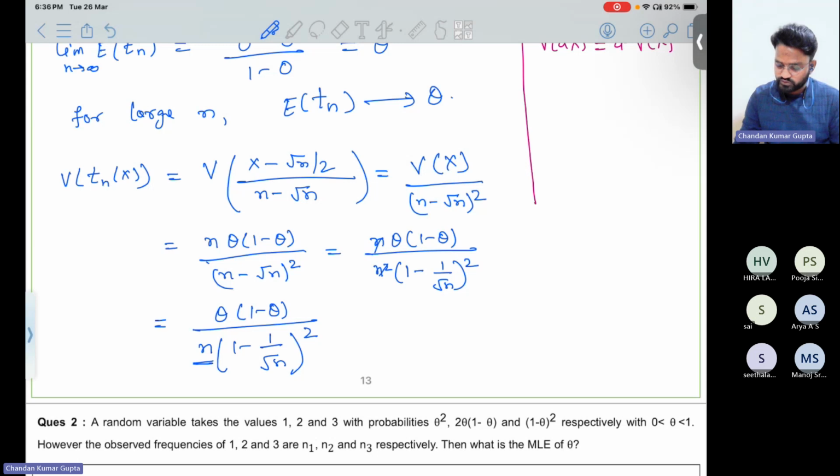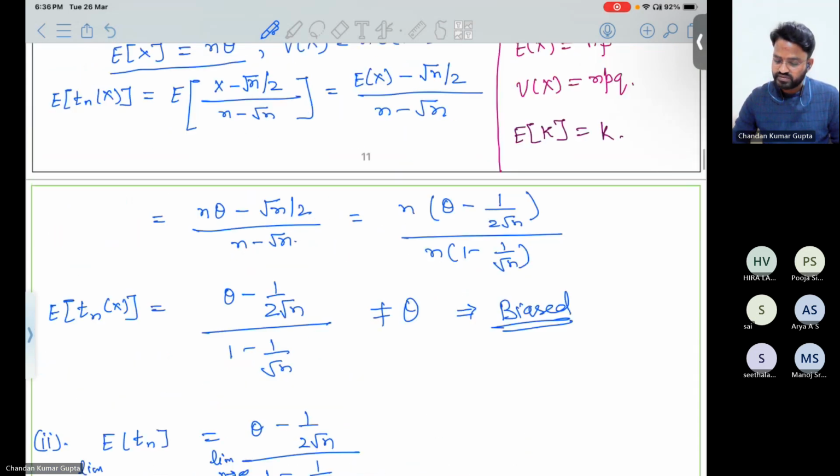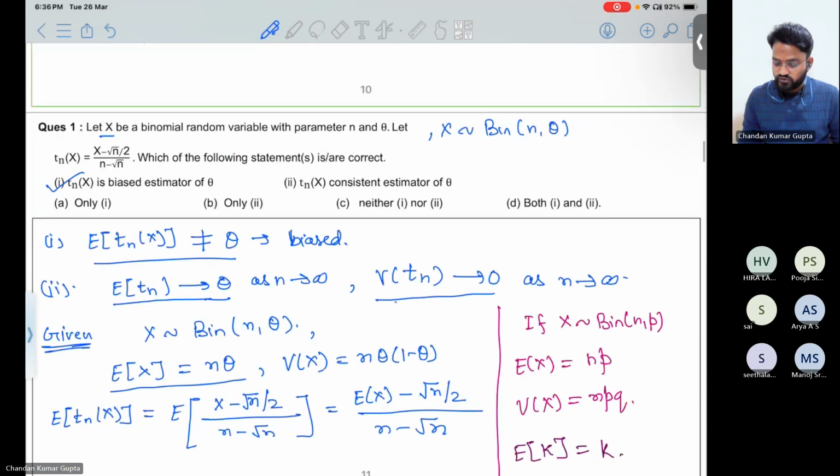That means it gives 0 as n tends to infinity. The second condition is also satisfied. That means for large n, the expected value of Tn goes to the parameter and the variance goes to 0. That means it is also consistent. So both option A and B are consistent. Both are correct.